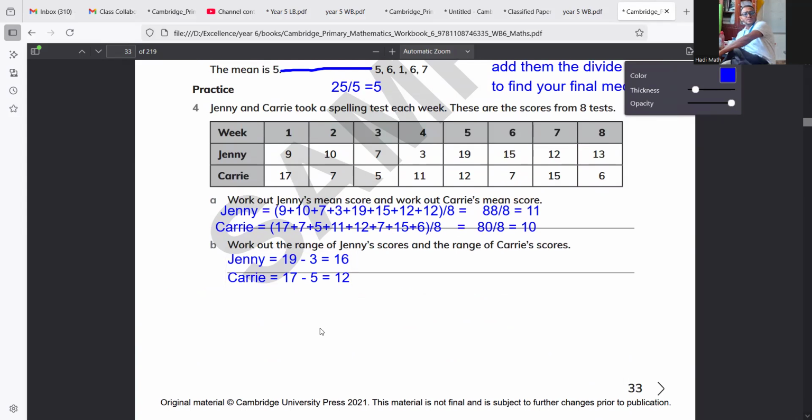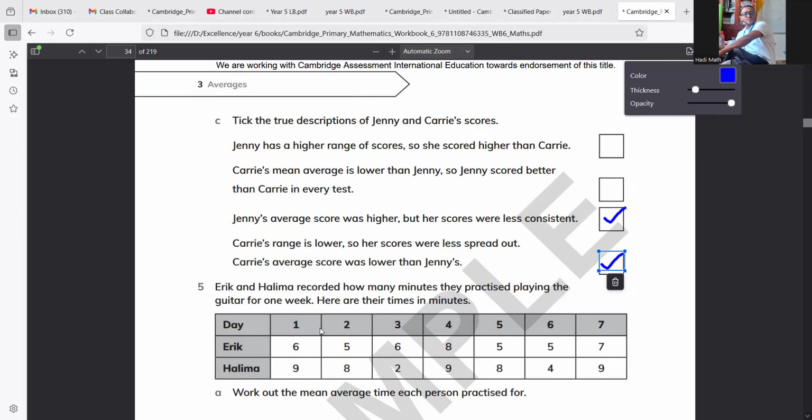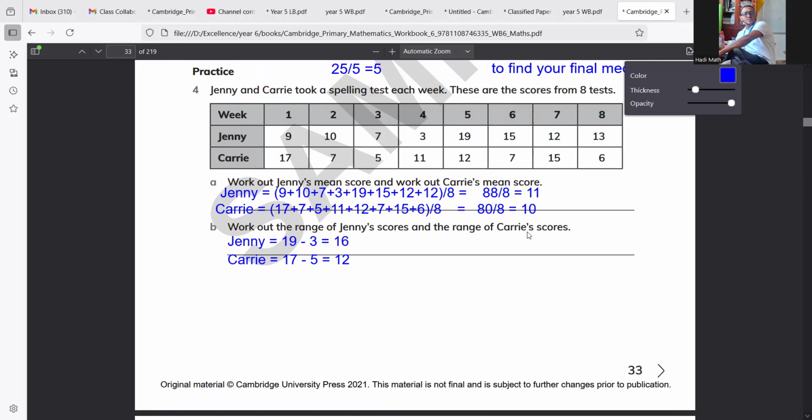That is true. But we said Carrie's average score was lower than Jenny's? Yes. Because the average score, if you see, this is 10 and this is 11. It was lower than Jenny.